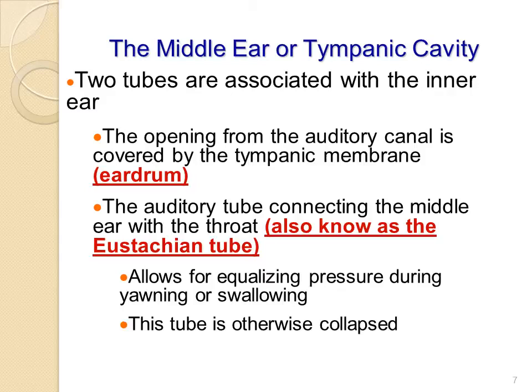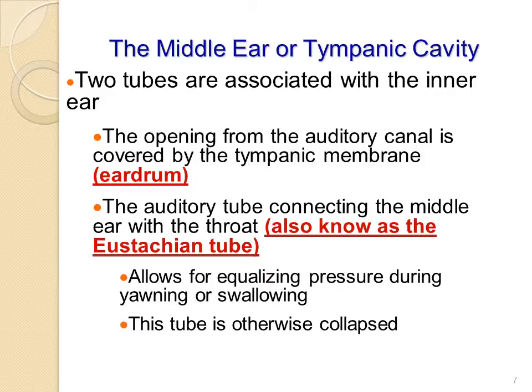The middle ear is also known as the tympanic cavity. Two tubes are associated with the middle ear. The opening from the auditory canal is covered by the tympanic membrane, which, as we said, is known as the eardrum, while the auditory tube connects the middle ear with the throat, also known as the Eustachian tube.